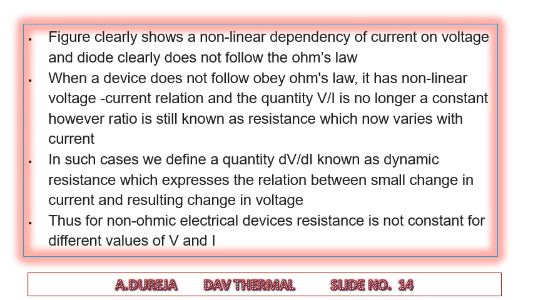That means the dependency of current on voltage doesn't follow Ohm's law. It is a non-linear graph, and for non-ohmic devices, resistance is not constant for different values of voltage and current, because the graph is not a straight line. And one main point you have to note is that the graph must be a straight line and also pass through the origin.